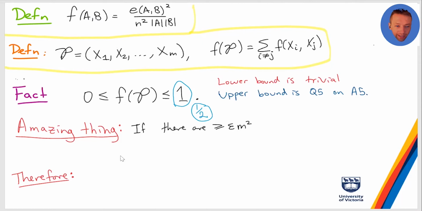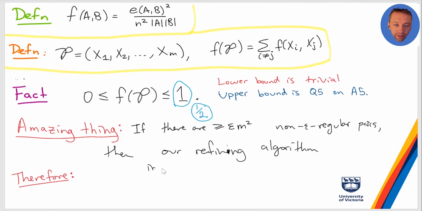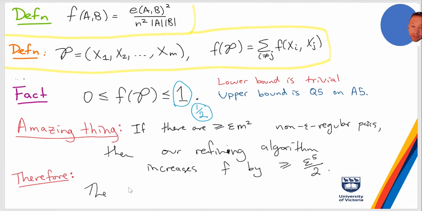So here's the amazing thing: if there are at least epsilon m squared bad, non-epsilon-regular pairs, then our refining algorithm always increases f by at least, let's say, epsilon to the 5 over 2. Therefore, the algorithm must terminate because f is at most 1. So it terminates after at most, let's say, 2 over epsilon to the 5 steps.